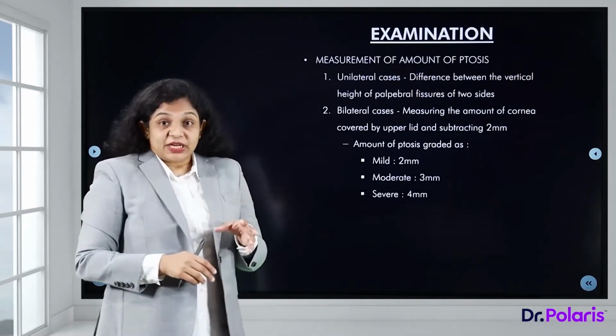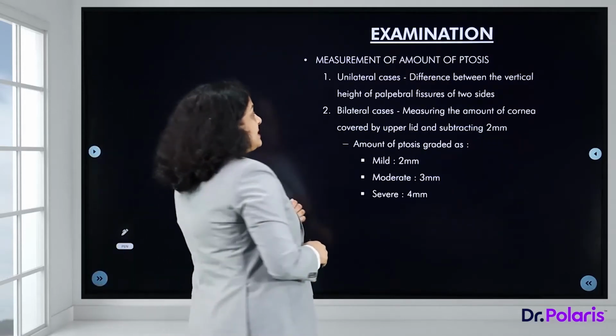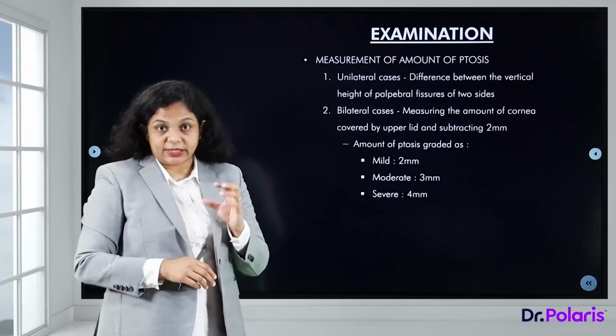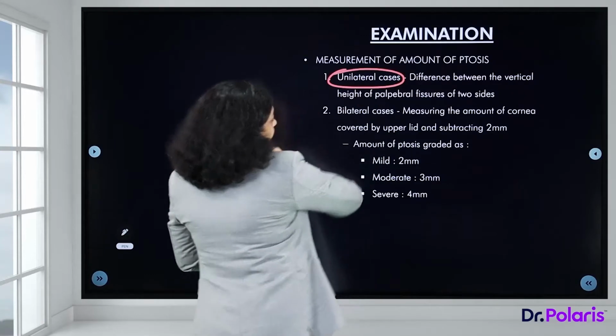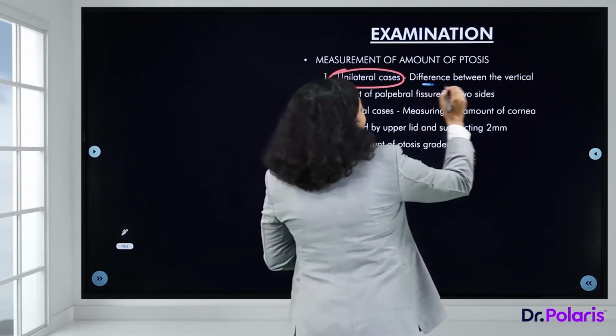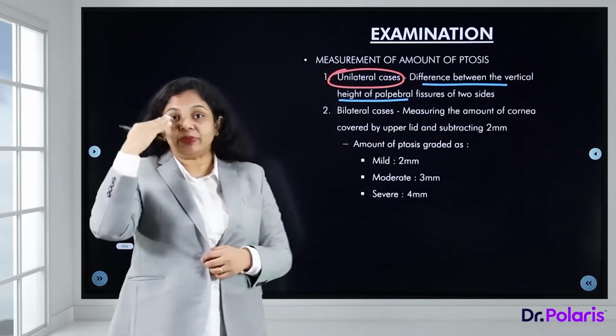What are the examinations that we are going to do in a patient with ptosis? First and foremost, we need to examine the amount of ptosis that the person has. If the patient has a unilateral ptosis, we need to see the difference between the vertical height of the palpebral fissure.